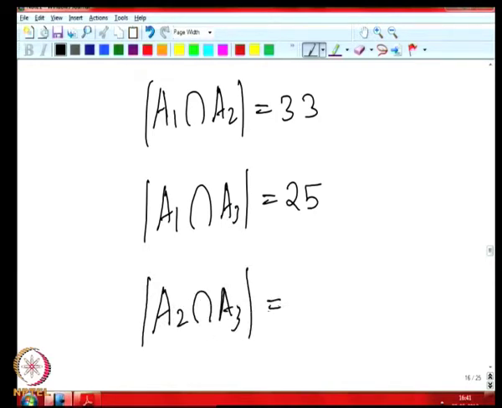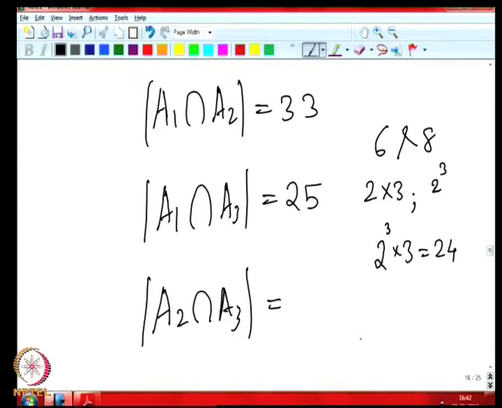How much is that? This is the numbers which are divisible by both 6 and 8. Here we have 2 times 3, and here we have 2 cube. A little thought will reveal that what we are interested in is 24. For instance, if a number is divisible by 6 and 8, it is definitely divisible by 24. Why? Because it is divisible by 6, there is a 3 in it, and because it is divisible by 8, there is 8 in it. So, 8 into 3, 24.